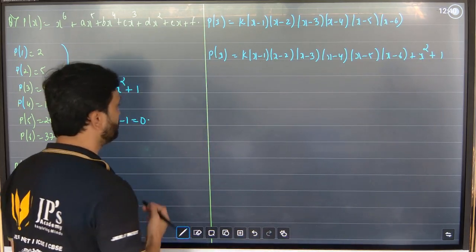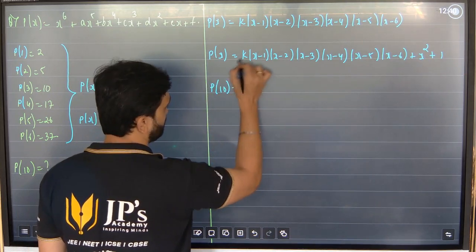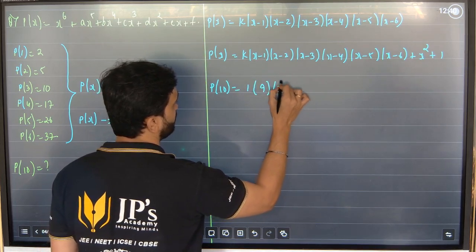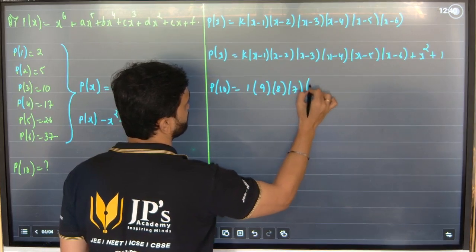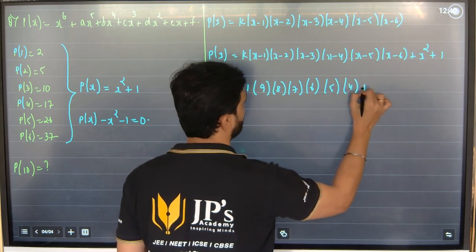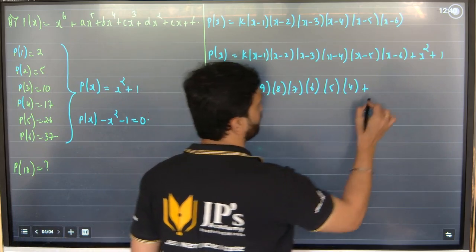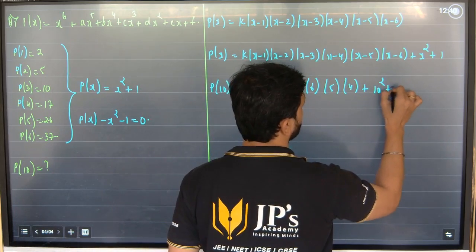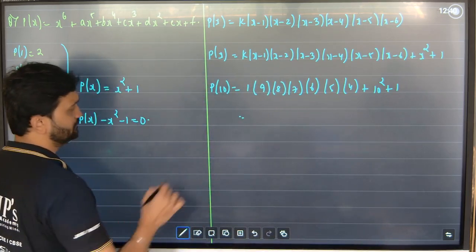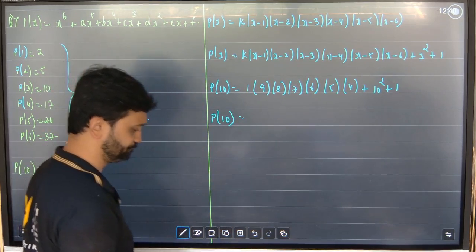The last step is I'll just put x's value as 10. So this, and k is 1. So 1 into 9, 8, 7, 6, 5, 4 plus 10 square plus 1. Multiply this and please tell me the final answer.